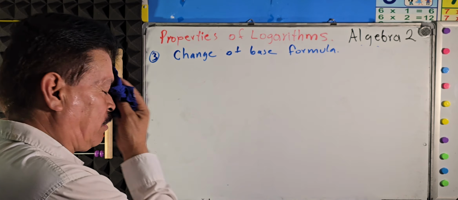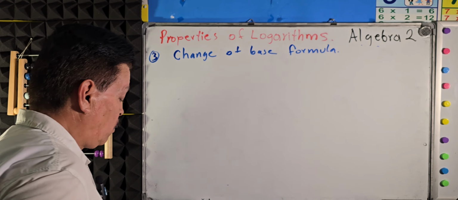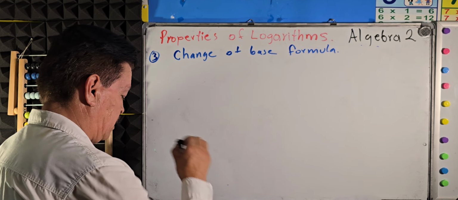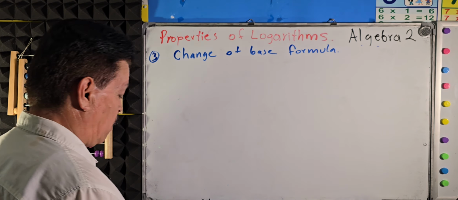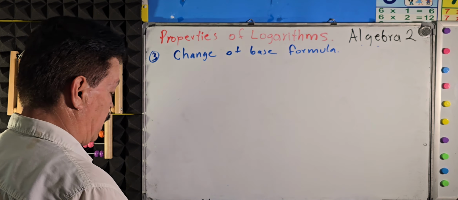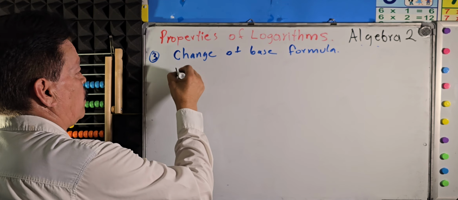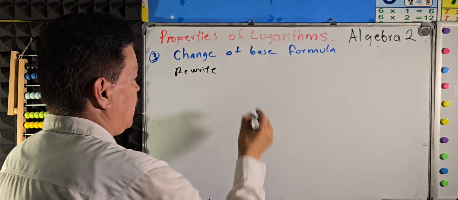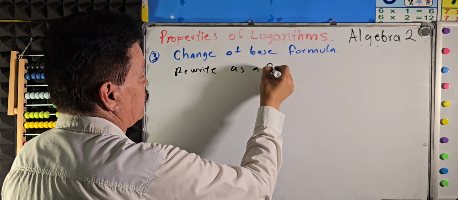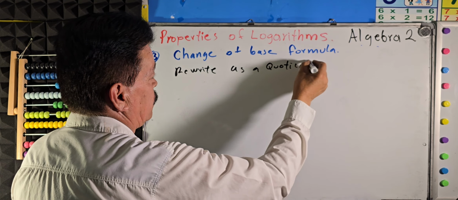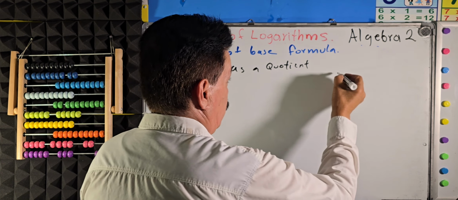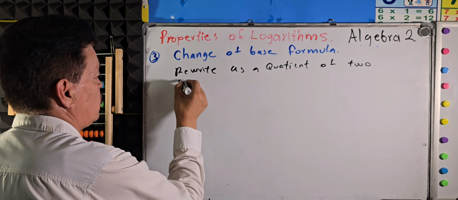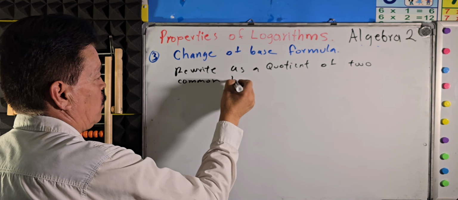So here we have to rewrite a quotient of two common logarithms. Maybe let's write it here. Rewrite, in our problem, rewrite as a quotient of two common logarithms.